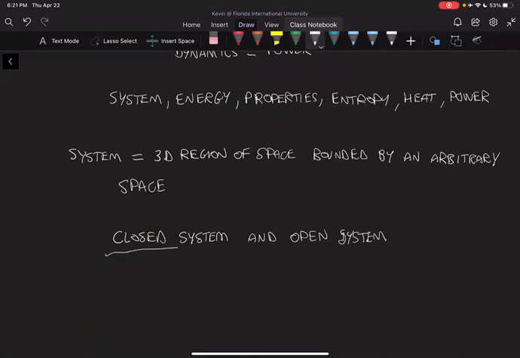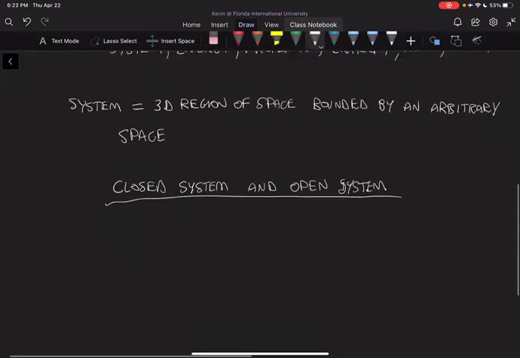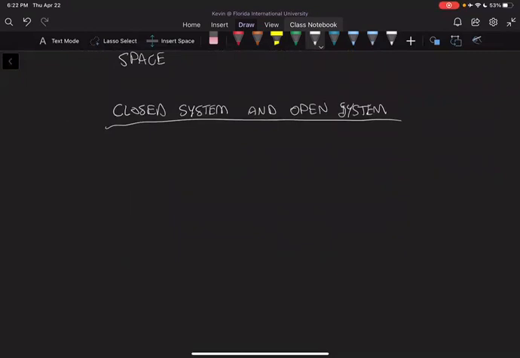I want you to try and think of different systems that would be studied in thermodynamics that would be either an open or a closed system. The more general one, usually used for a closed system, is a piston cylinder assembly.